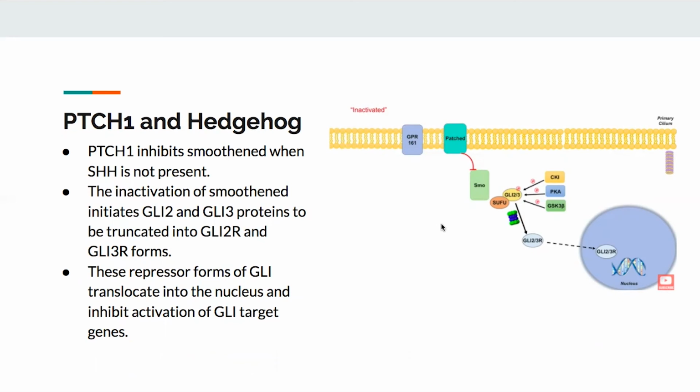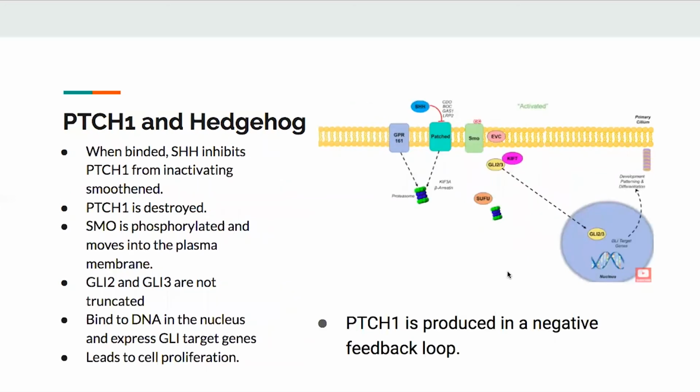And these are repressor forms, so when they translocate into the nucleus, they inhibit the activation of GLI target genes.